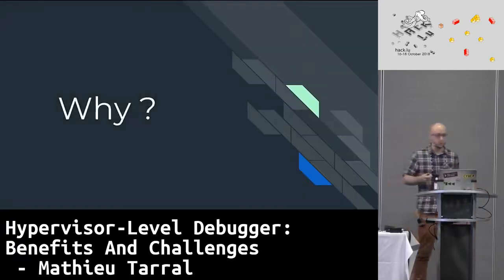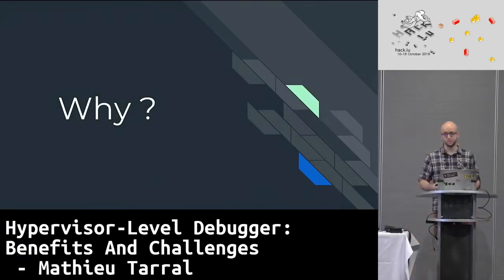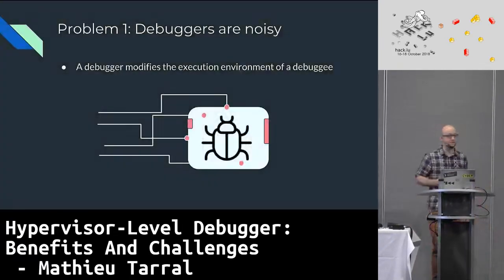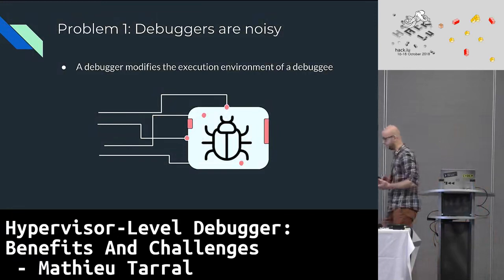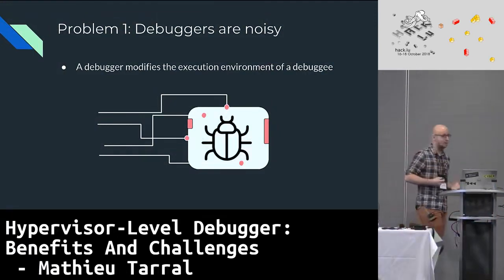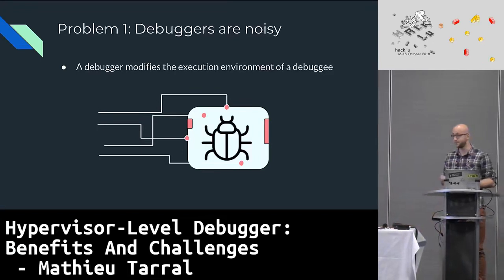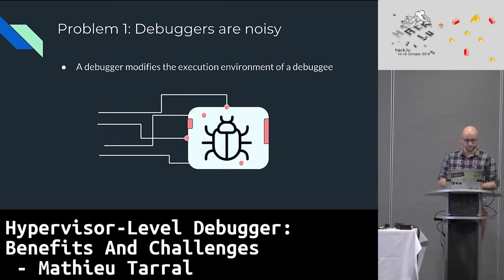So now let's start. Why are hypervisor level debuggers relevant? The first problem I can think of is malware analysis. It's because debuggers are noisy. A debugger will always modify the execution environment of a debuggee. It's this observer effect that you cannot avoid. And usually it's not a problem until you have to deal with a malware.